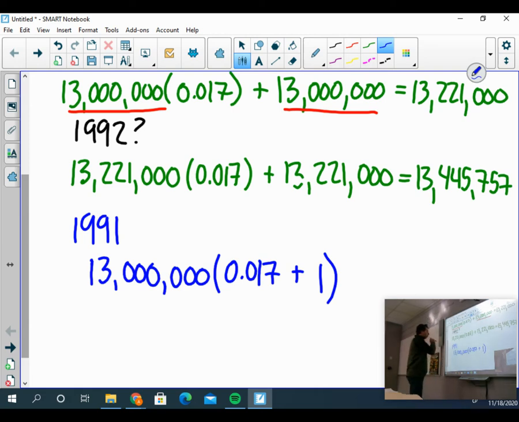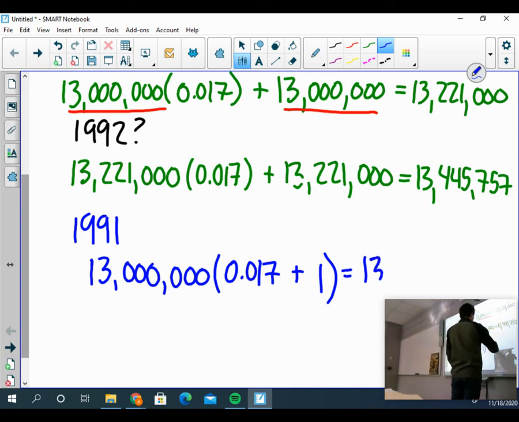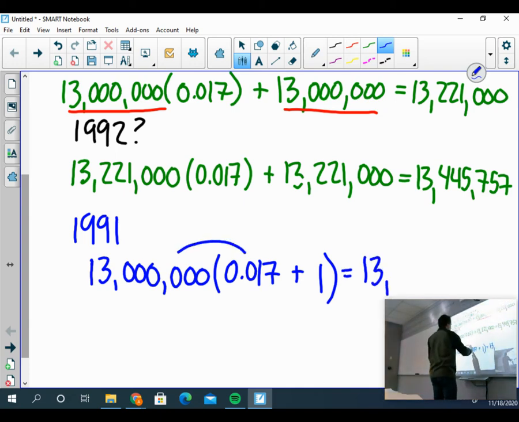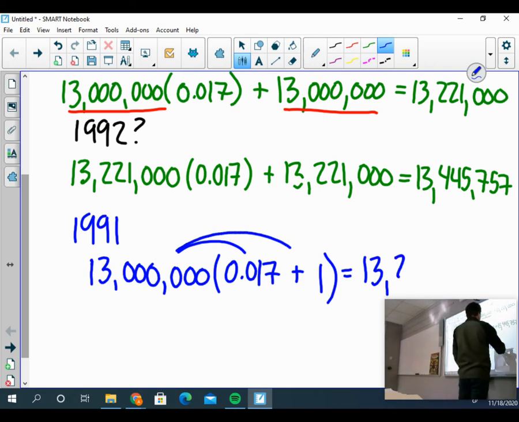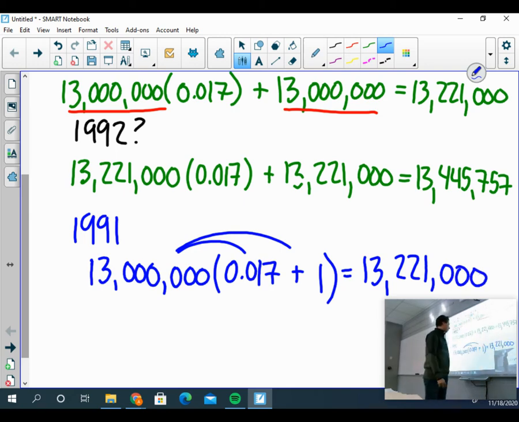So what's happening here? Well, I've just rewritten it. Again, the answer isn't going to change. If you don't believe me, go ahead and distribute, and you'll figure out that your answer is still 13,221,000. How could I rewrite 1992?